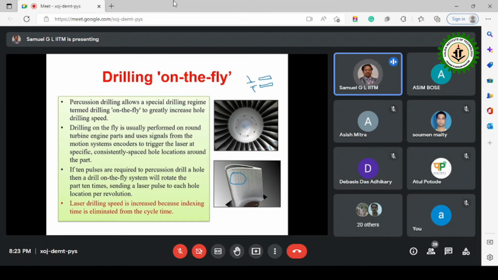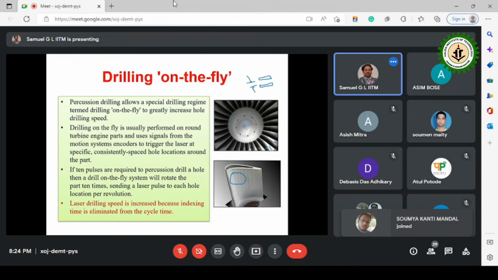But a lot of synchronization is required between the speed of rotation of the blades, the position where you want to drill, and the time gap between the pulses. We have what is called the pulse frequency, where we set the number of pulses. Usually the gap between two pulses will be longer than the period in which we put the pulse.